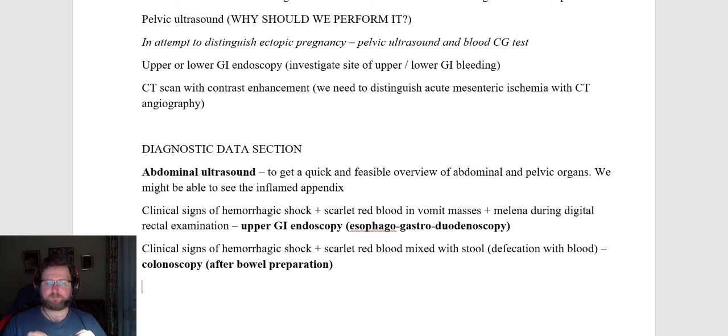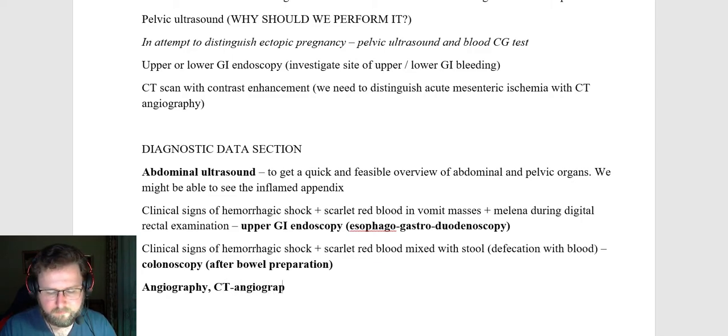If we need to know precisely where exactly is the level of blockage, we need to perform either angiography or, if it's possible, a CT angiography, in order to obtain precise information of a vascular block among mesenteric vessels.